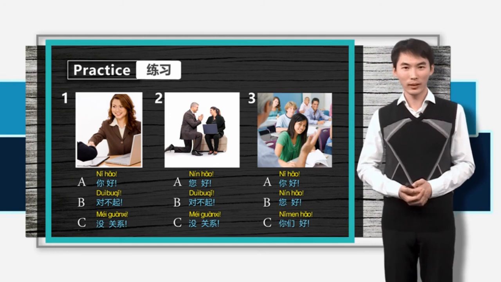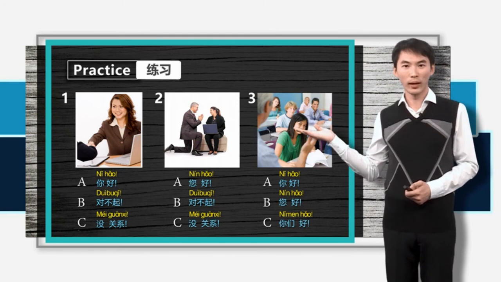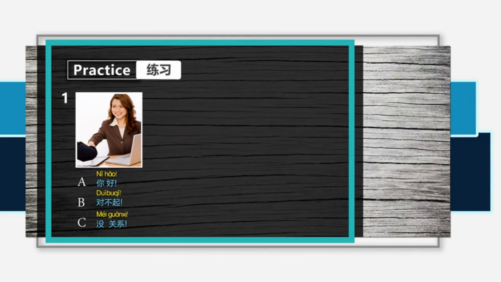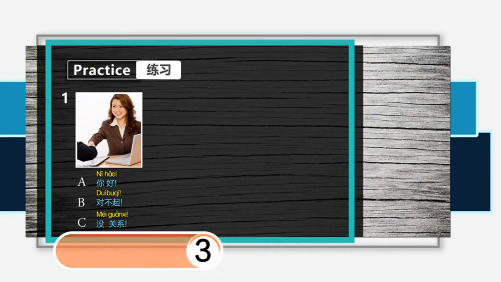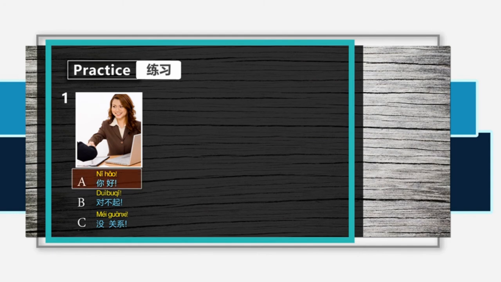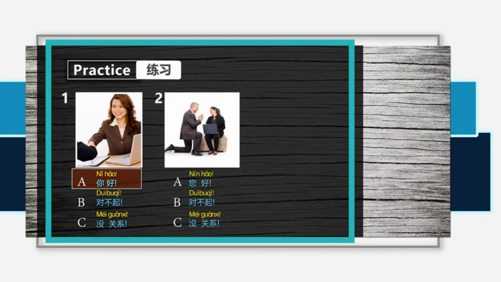Let's do some more practice. Please choose the right answer. Number 1. What should the girl say? Yes, the answer is A. 你好. Number 2.